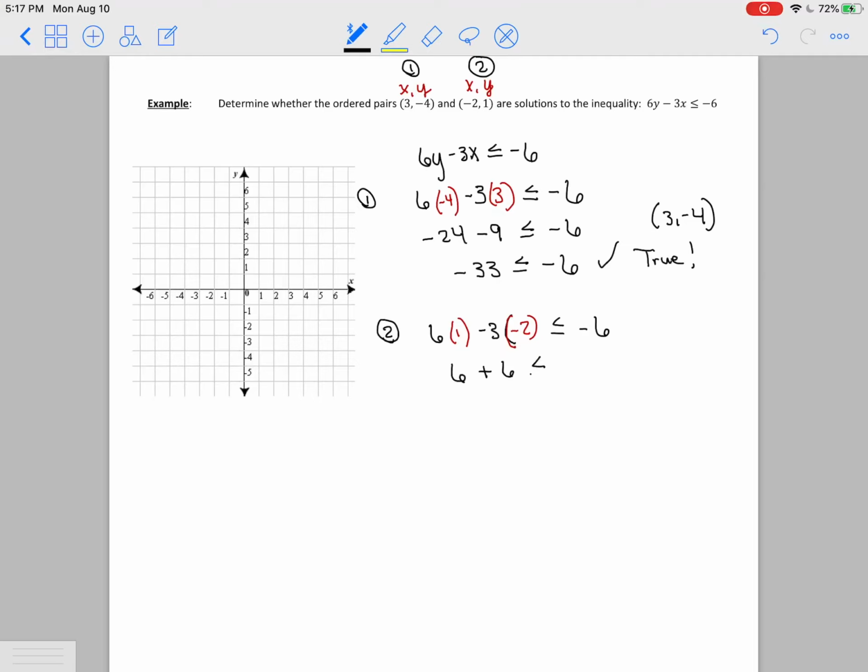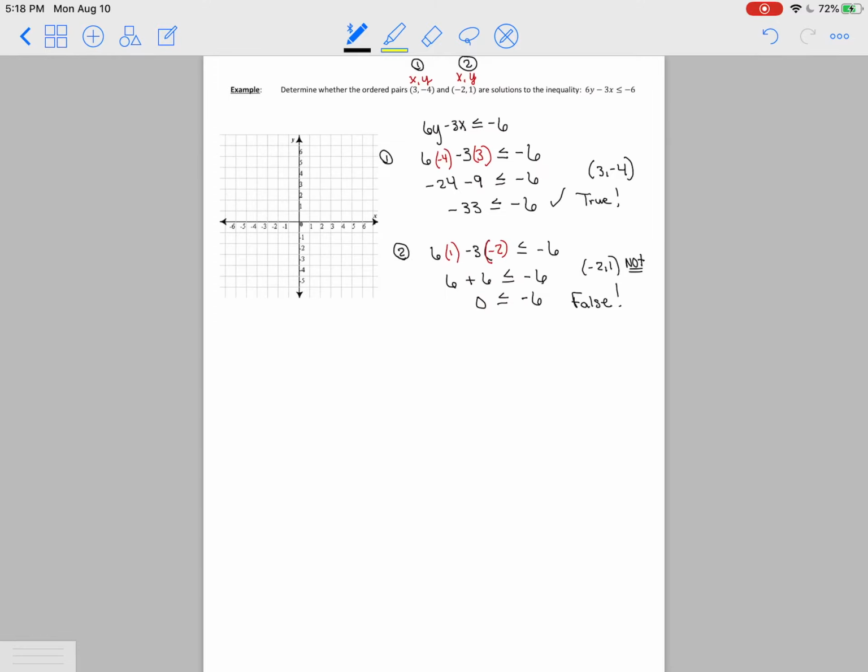So that's going to be 6 plus 6 is less than or equal to -6. So 12 is less than or equal to -6. Well, I know that 12 is above -6 on a number line, so this is false. So we know that this point here, (-2, 1), is not in that shaded region.